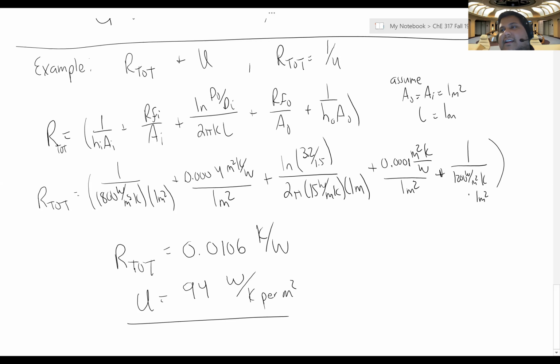But then that gets tricky because then my assumption of AO and AI kind of breaks down a little bit. So technically, yes, you could back out a different length based off those areas. But I wasn't really focusing on that in the problem. I was just wanting you guys to get practice using the expression.